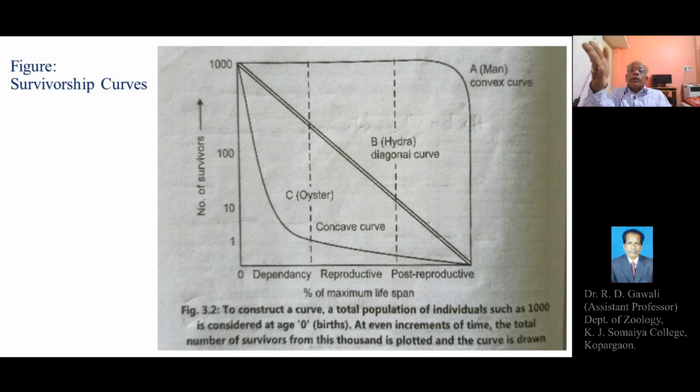For example, in man, considering the age of 75, these three steps of 25, 25, 25, pre-reproductive, reproductive, and post-reproductive, or young, adult, and old ages, man can survive up to old age and then die due to old age, representing the convex curve.